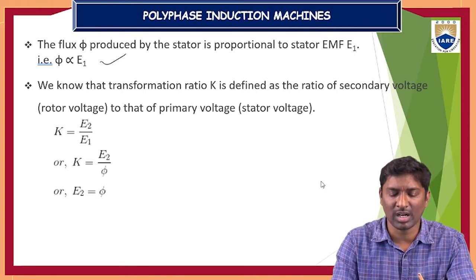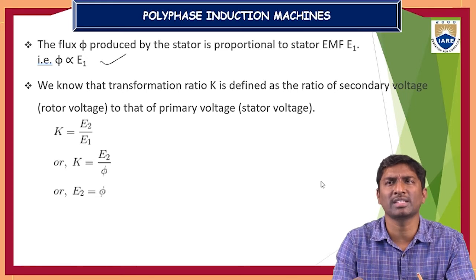We know that the transformation ratio K is defined as the ratio of secondary voltage, or rotor voltage, to the primary voltage, or stator voltage.